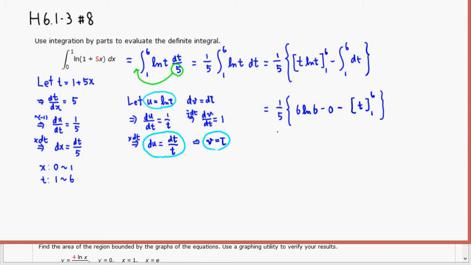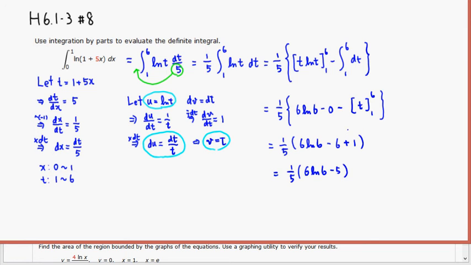So we get 1 over 5 times 6 natural log of 6 minus 6, with the negative sign, so plus 1. That gives 1 over 5 times 6 natural log of 6 minus 5.